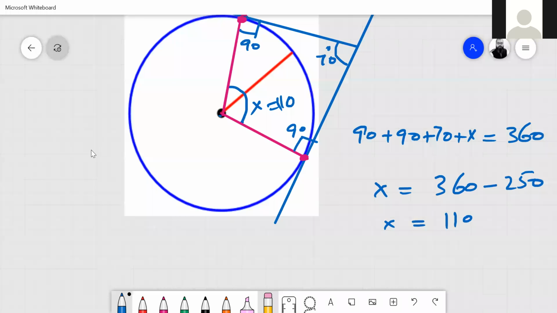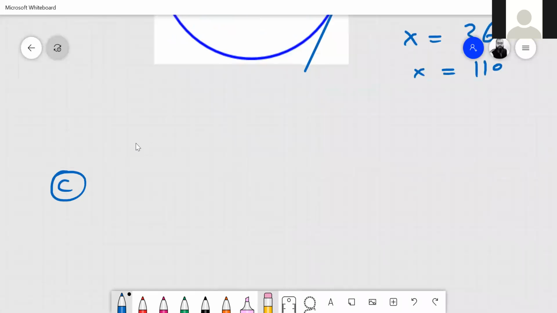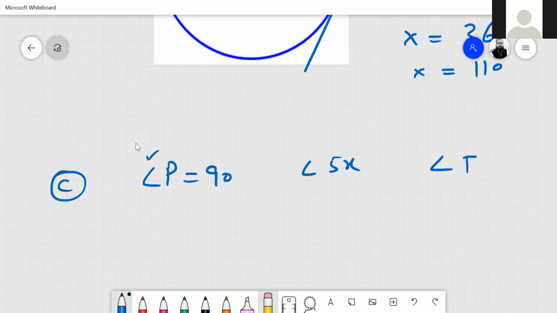Okay, now the next one, C. Now you can see the diagram from the table. Angle P is 90 degrees. Is it clear? Angle O is 5x. Angle T is x.